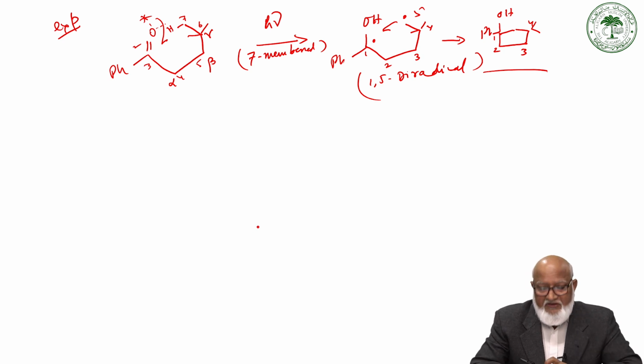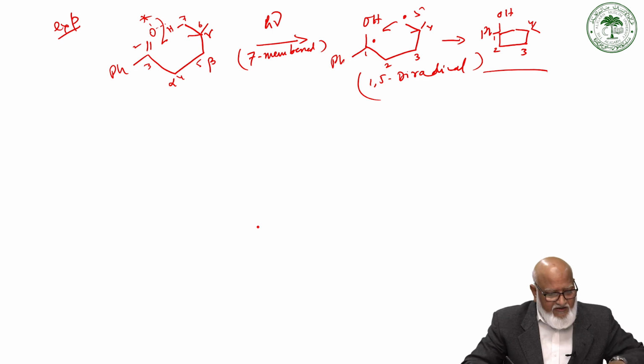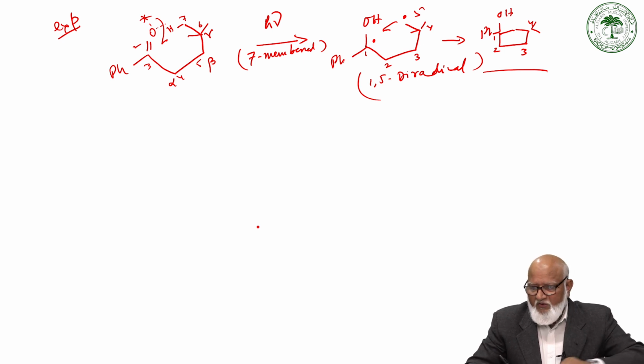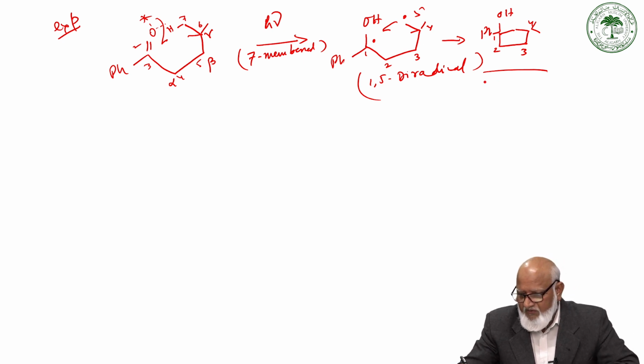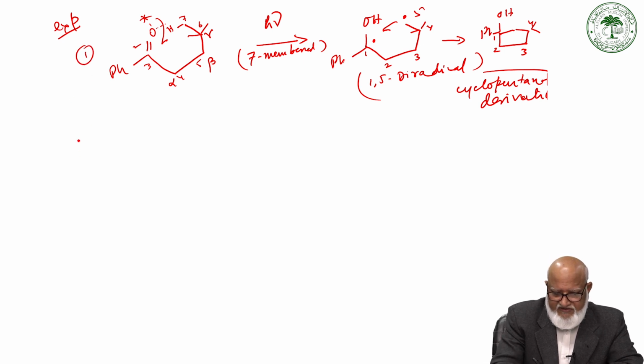But these reactions have also been reported when the gamma hydrogen is blocked, where the excited carbonyl abstracts a hydrogen atom from carbon number 7 to generate a 1,5 diradical, which then cyclizes to give a cyclopentanol derivative. So these examples have also been reported.